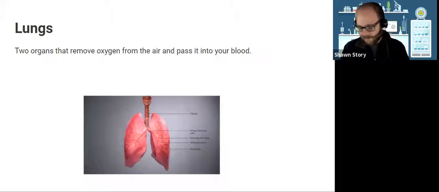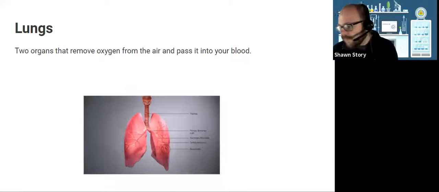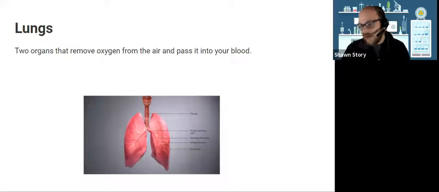Well, let me look this up here. So it says the lungs are not equal in size. The right lung is shorter. Notice how this is shorter, right? Because the liver sits high and tucked up under the rib cage.